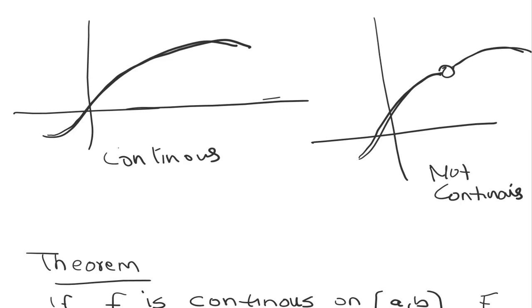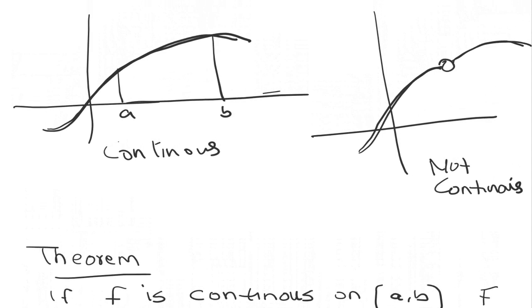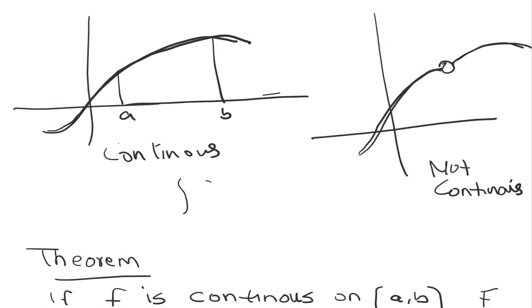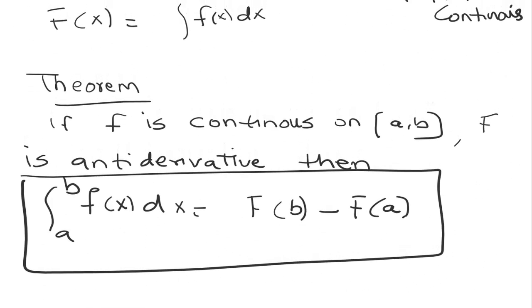It should be continuous on a closed interval with limits mentioned, like a to b. And F is the antiderivative, which means the integral of f of x dx. Then the integral from a to b of f of x dx is F of b minus F of a.